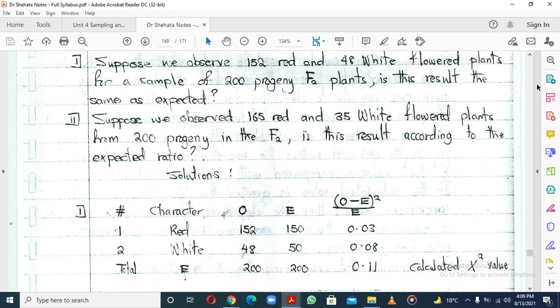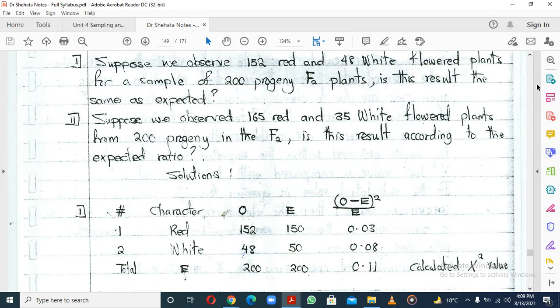So let's look at the first example. Don't focus on the second one, let's focus on the first one. We've done that experiment. Now suppose we observe 152 red and 48 white flowered plants for a sample of 200 progeny F2 plants. Is this result the same as expected?